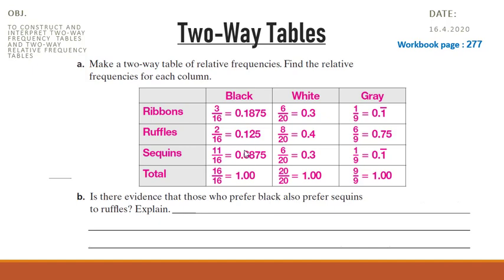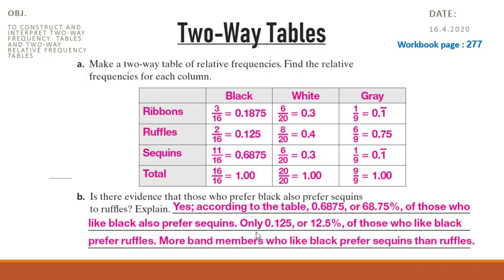We take the black and see which one has the most votes in the black section. So, which is the sequin. Excellent. So, there's the evidence. Yes, there is evidence. According to the table, the greatest relative frequency is for this one.